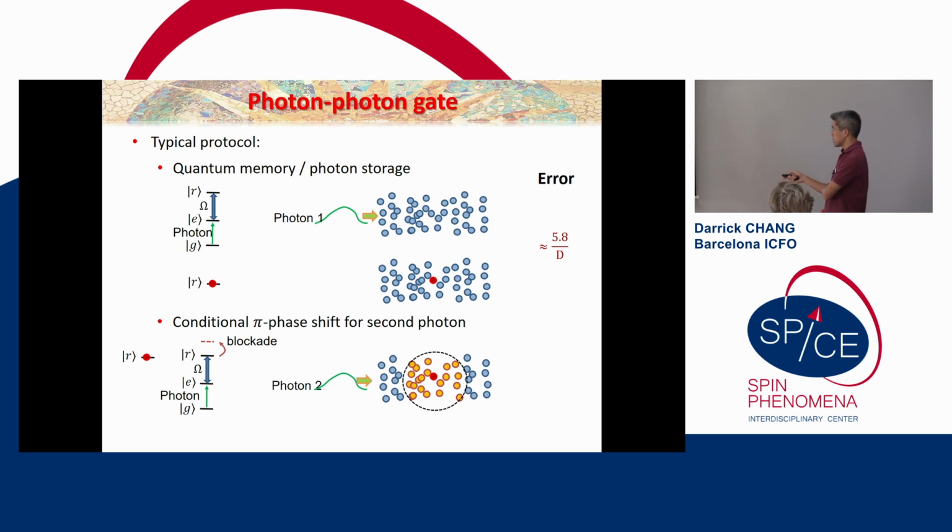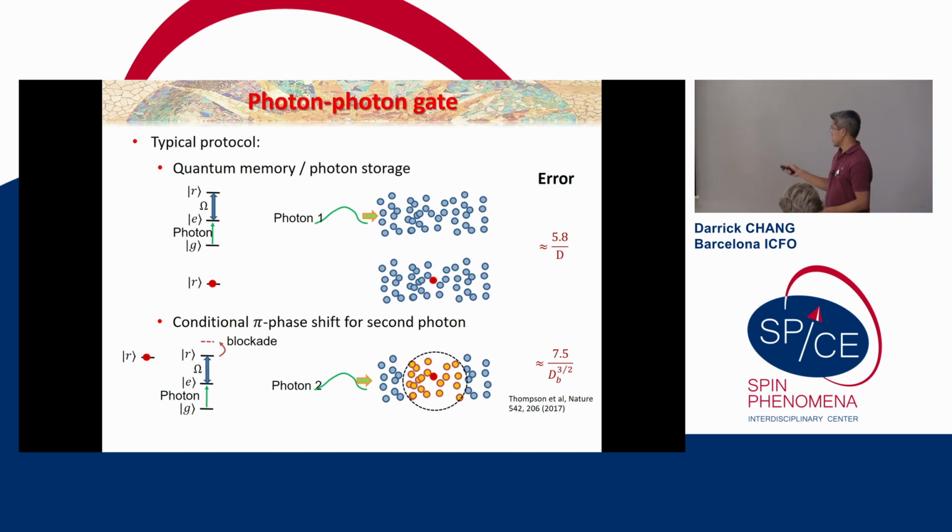And then when you send in a second photon, that second photon can, for example, pick up a conditional phase shift depending on the presence of that first excitation. And the error of that depends on, again, the optical depth, not of the entire ensemble, but just of this region, this so-called blockade region, which this first Rydberg excitation is able to modify the optical properties of.